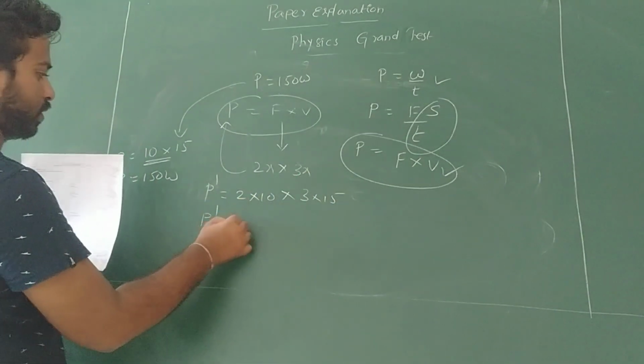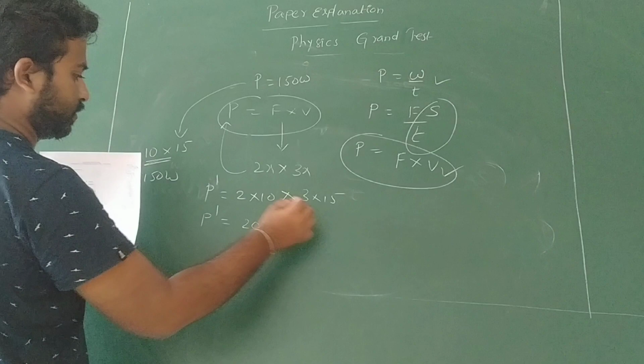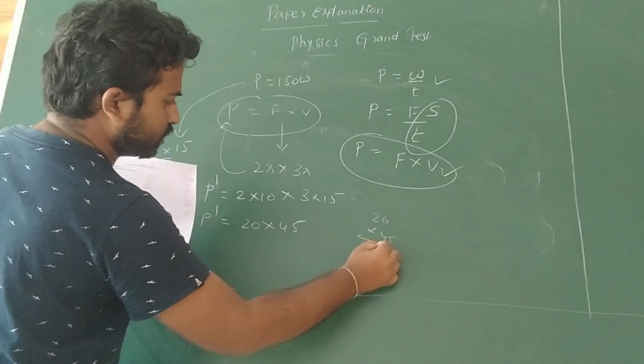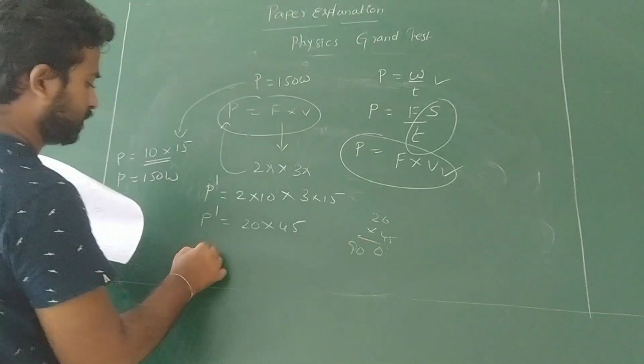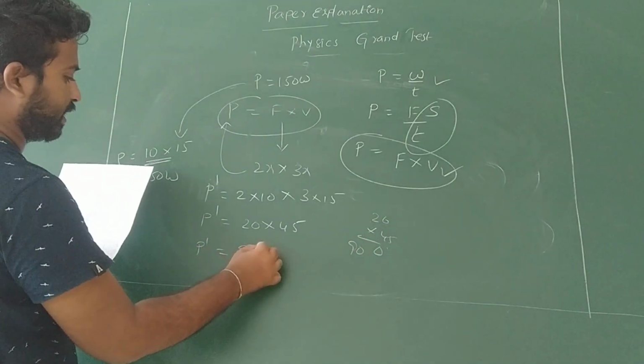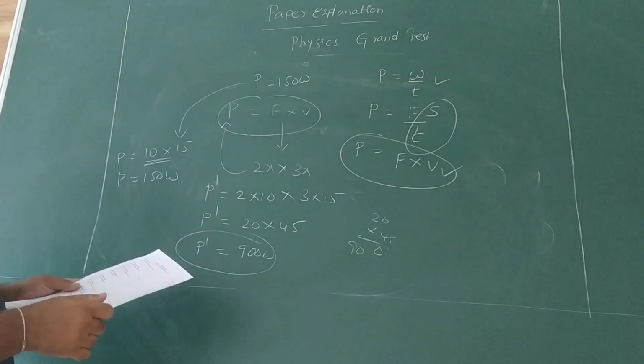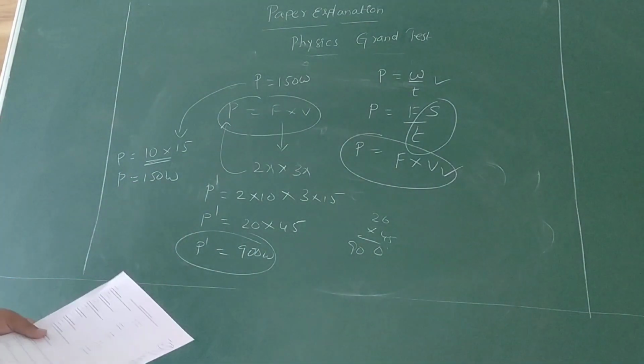Then new power equals 20 into 45, which is 900 watts. So the answer for question 9 is 900 watts, that is the new power.